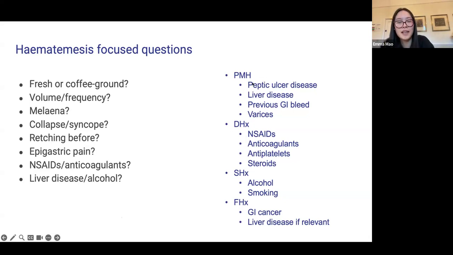Okay, but quickly, past medical history, it's important to ask about, for example, liver disease or if they've had any previous GI bleeds. Drug history is important for the peptic ulcers, NSAIDs, and steroids can be bad for them. So are bisphosphonates, and then social history, and then family history, also relevant bits.